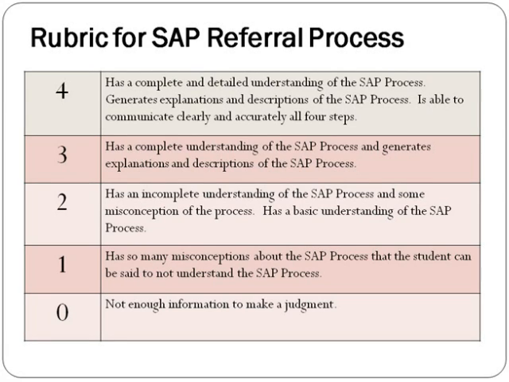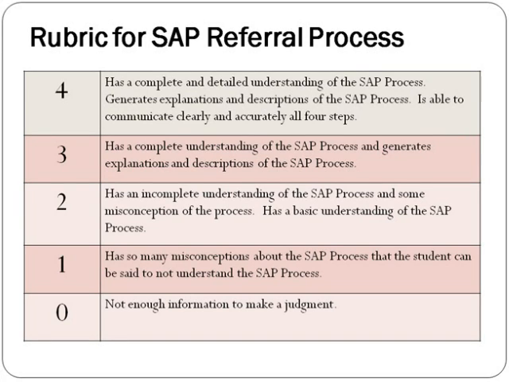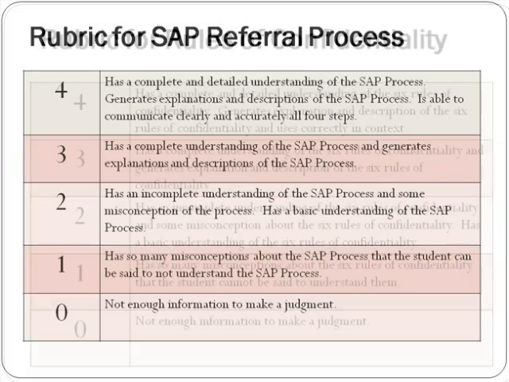You obtain a 2 if you have incomplete understanding of the SAP process and some misconception of it. You have basic understanding. You obtain a 1 if you have so many misconceptions about the SAP process that the student can be said to not understand the process. And you obtain a 0 for not enough information to make a judgment.